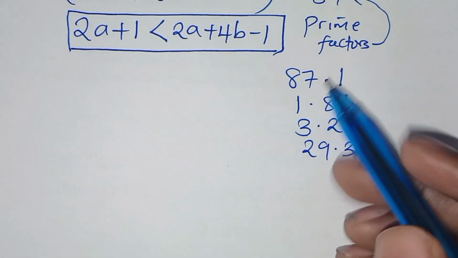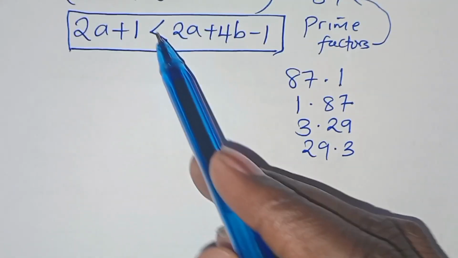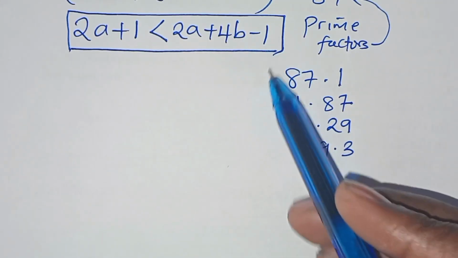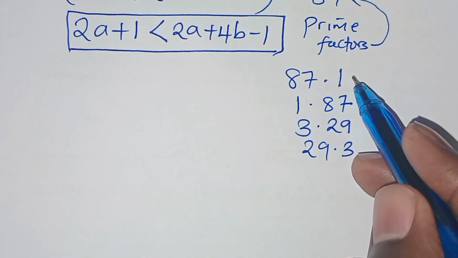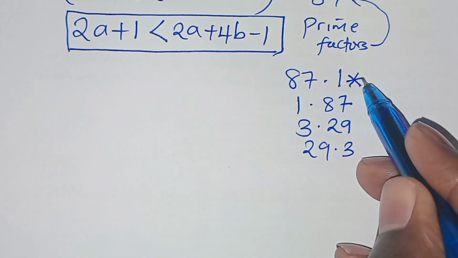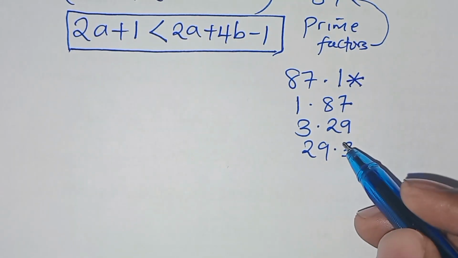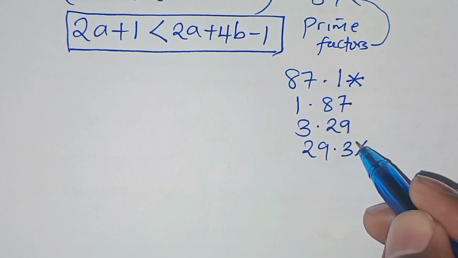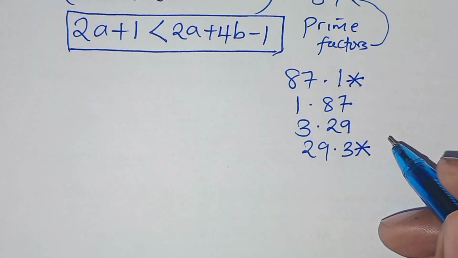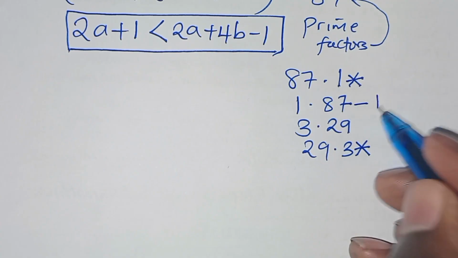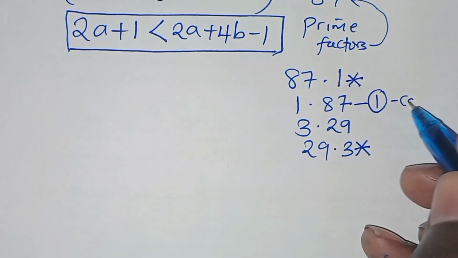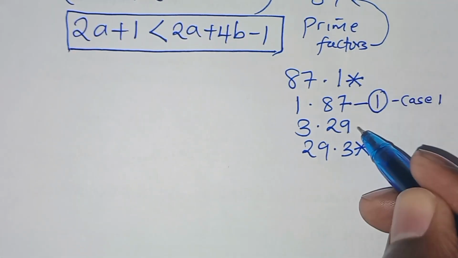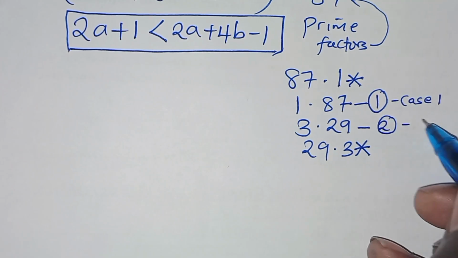So this implies that 2a plus 1 should be less than 2a plus 4b minus 1. So 87 times 1, this condition does not hold, and 29 times 3, this condition does not hold. So we have case 1 here and we have case 2 here.